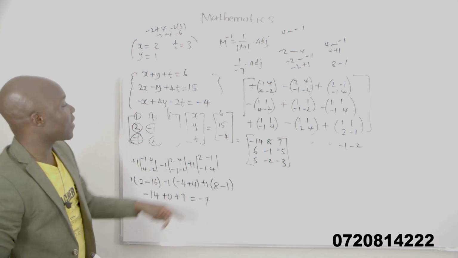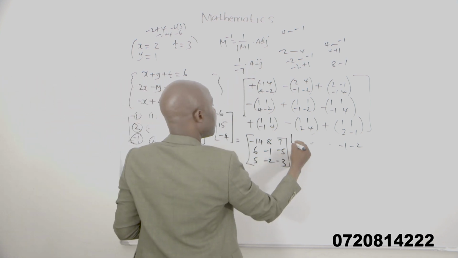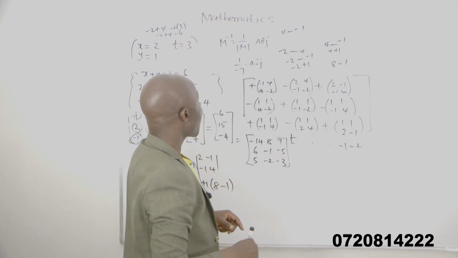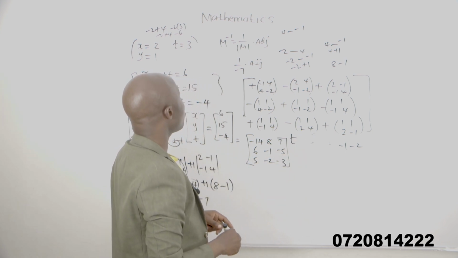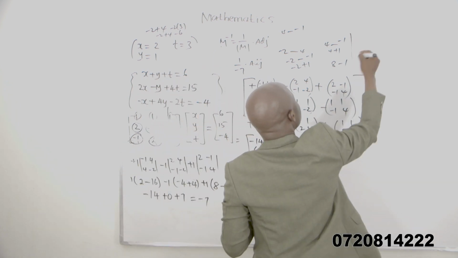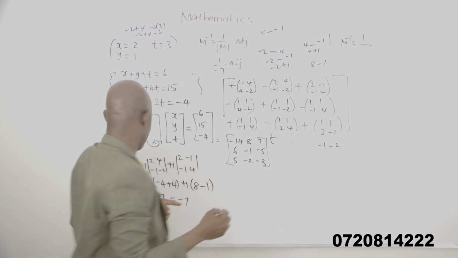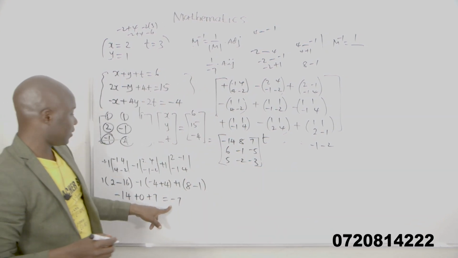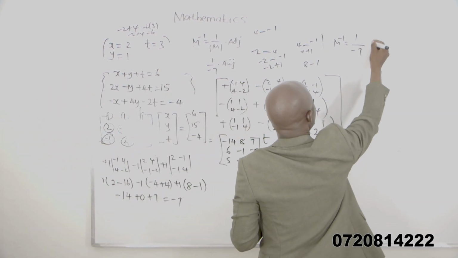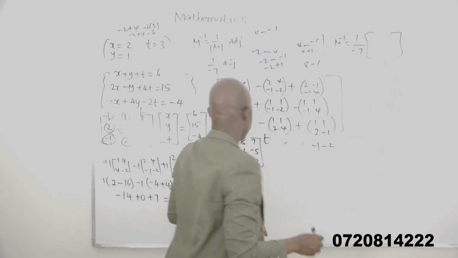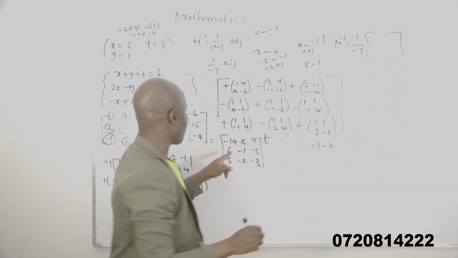But for us to find the adjoint, we need to transpose that matrix. So for us to get the inverse of that matrix, we take 1 over the determinant we had already worked out, which was minus 7. Then we multiply by the transpose, making row 1 become column 1.